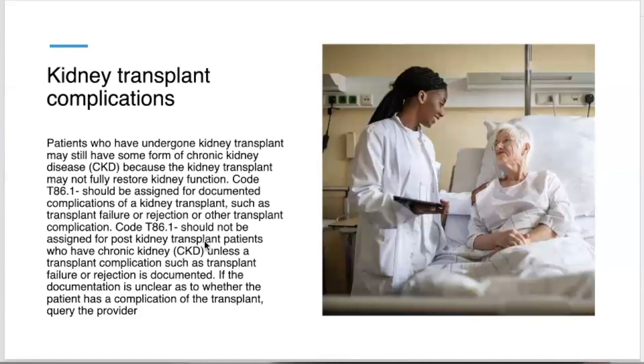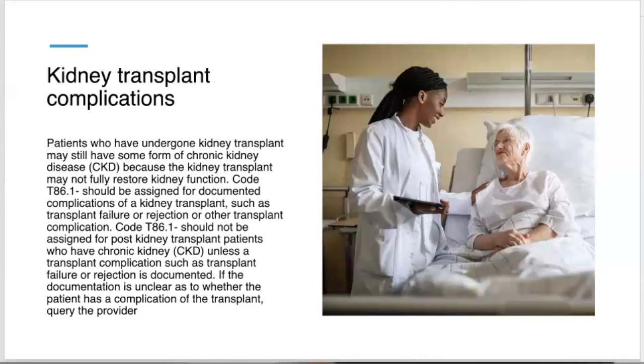Code T86.1 should not be assigned for post-kidney transplant patients who have chronic kidney disease unless transplant complications such as transplant failure or rejection is documented. If documentation is unclear as to whether the patient has a complication, query the provider.